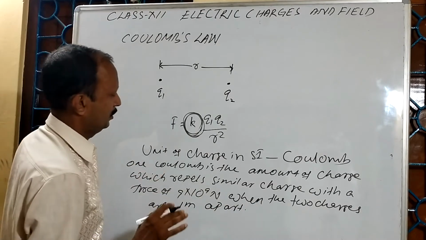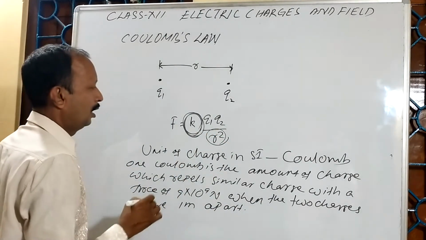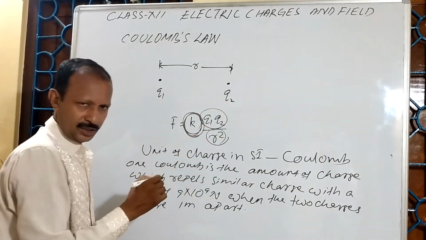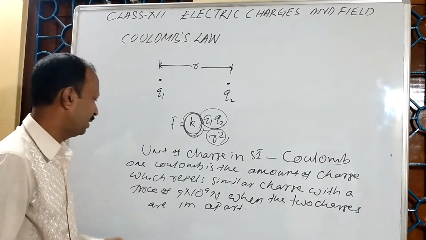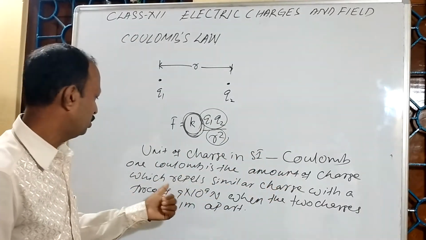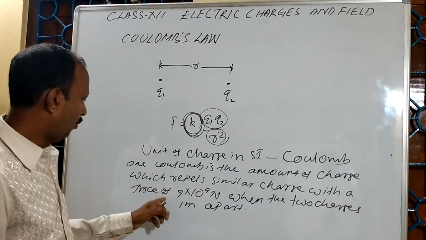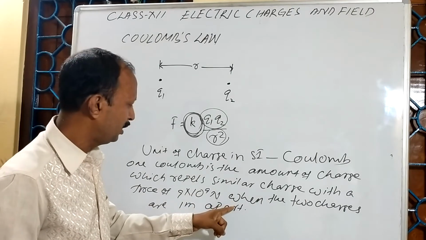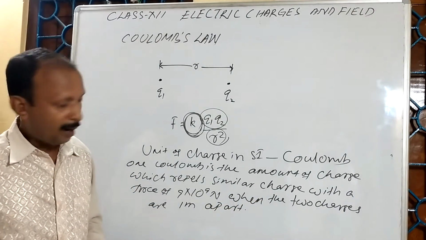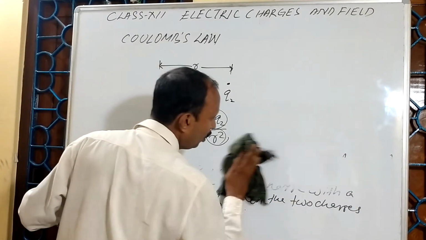That means if both are like charges, similar charges, 1 Coulomb repels a similar charge with a force of 9 into 10 to the 9 Newton when they are 1 meter apart. So the SI unit of charge is Coulomb.